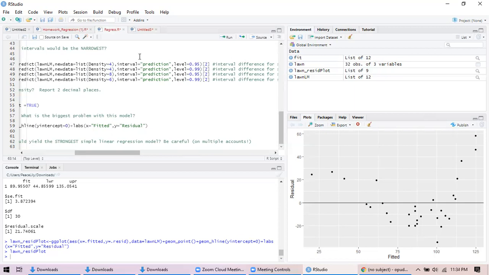If it's close to -1 and 1, that's a strong relationship. So let's take a look at the values given to us. Which one is closest to -1 and 1?